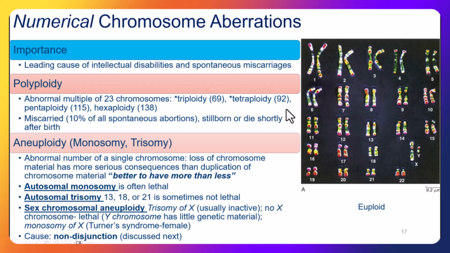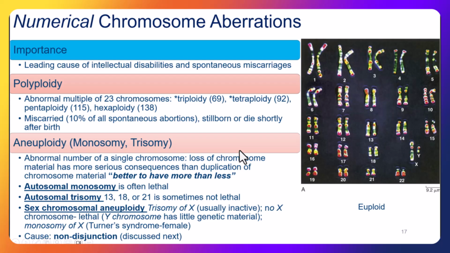Or 92, tetraploidy. It's just adding additional sets, and it can be multiple extra sets. So you could have 3 of all of these. You could have 4 of all of these, 5 of all of these, and so on and so forth, as you can see with the increasing numbers, with these two being more common, the triploidy and tetraploidy.